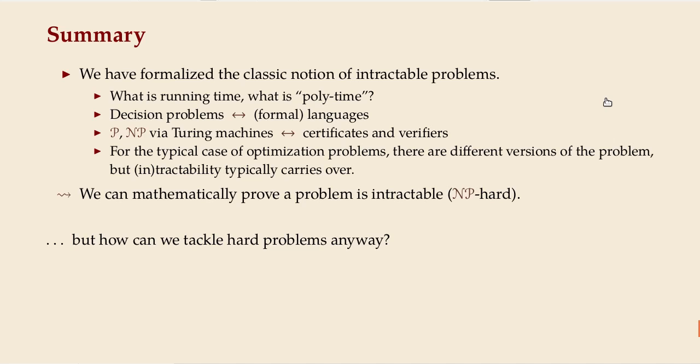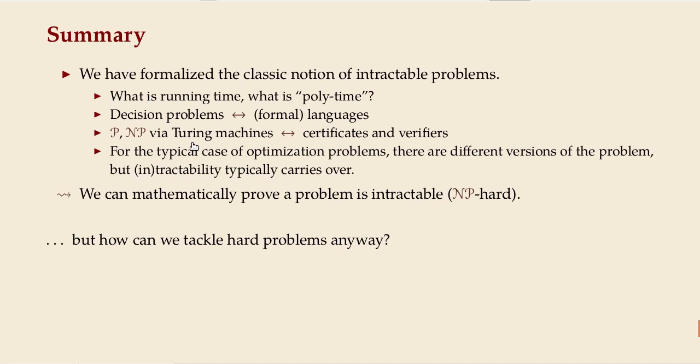We thought about what running time is, and especially what poly time means, because we want to abstract from a lot of things in this lecture. We've seen that it's convenient to work with formal languages which correspond to decision problems. And that can be used to define complexity classes P and NP. We've seen these two equivalent definitions, where depending on the use case, one or the other was more convenient.